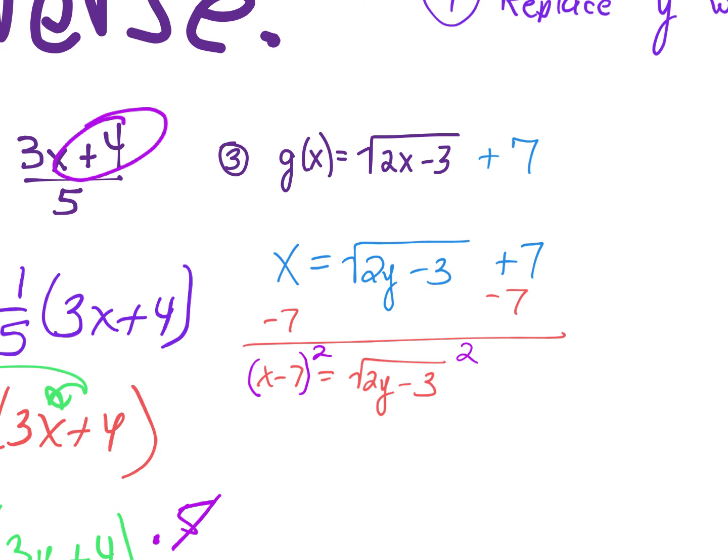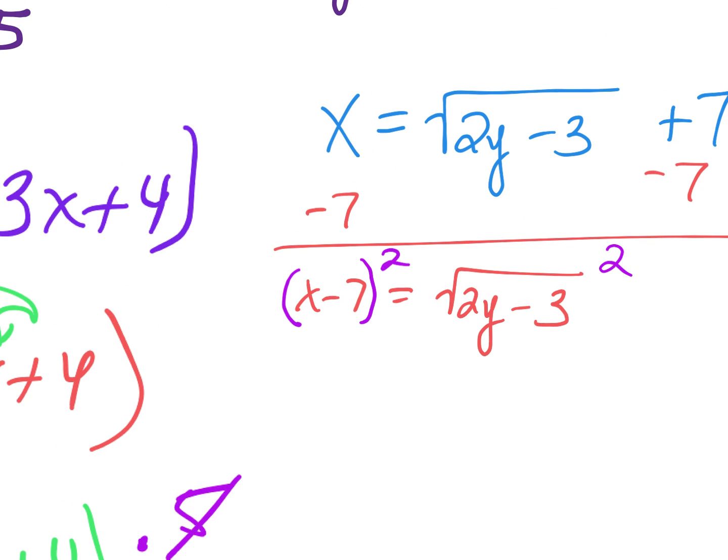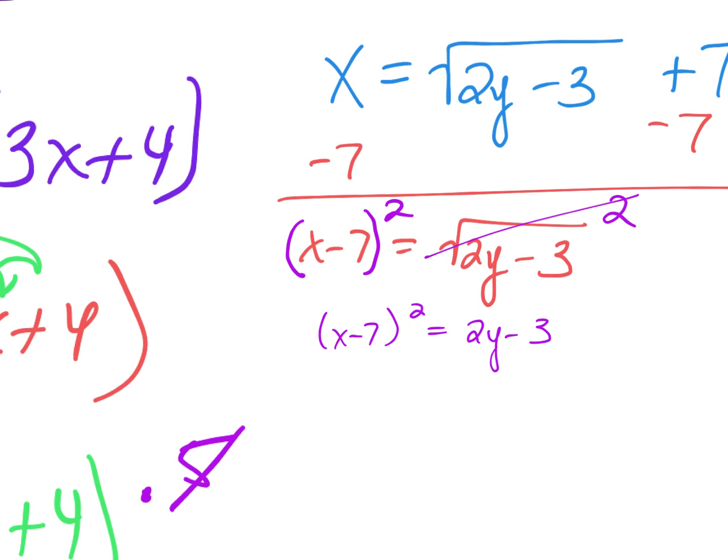Okay, here we go. I'm going to talk a little faster. What happens when you square a square root? It cancels, right? So I have (x minus 7) quantity squared equals 2y minus 3. Now what? No, don't FOIL. We're trying to get y by itself. I'm going to add 3.